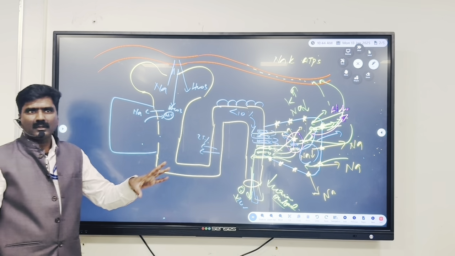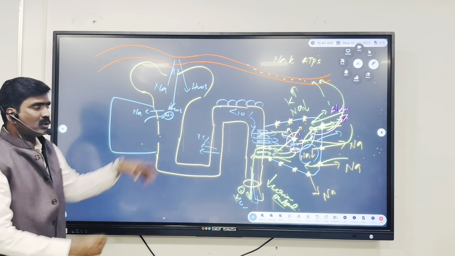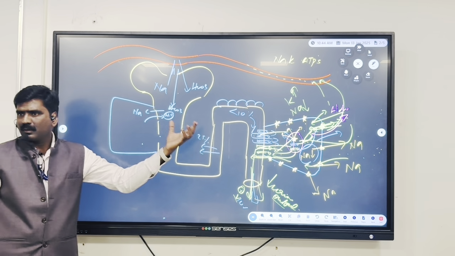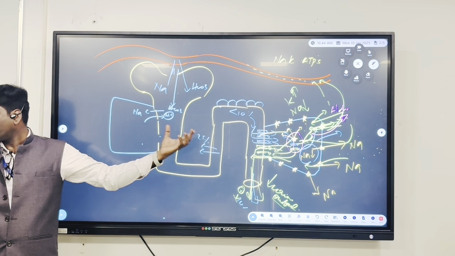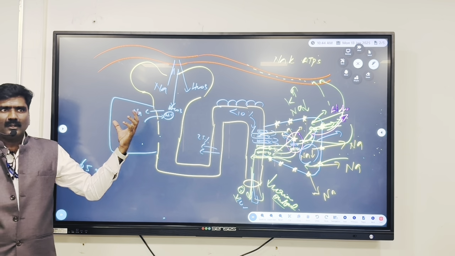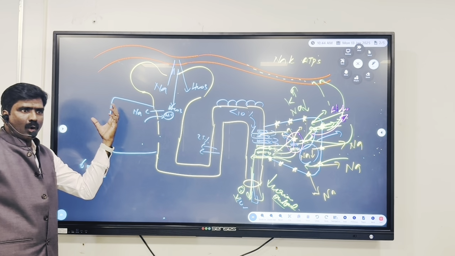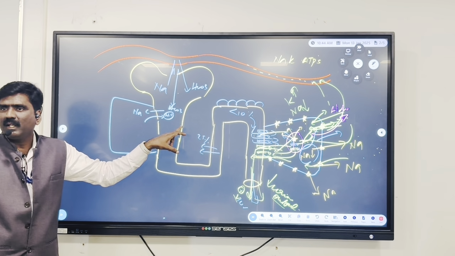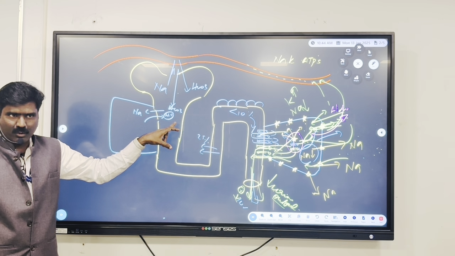Again I will repeat. I have told 65% of the sodium is reabsorbed in the proximal convoluted tubule, right? So when sodium is going out, in exchange, proton will enter into the proximal convoluted tubule.